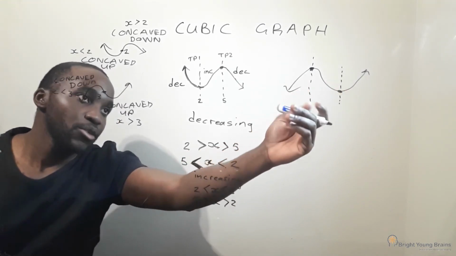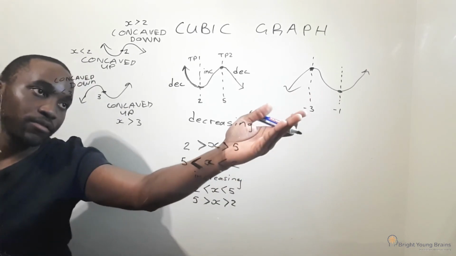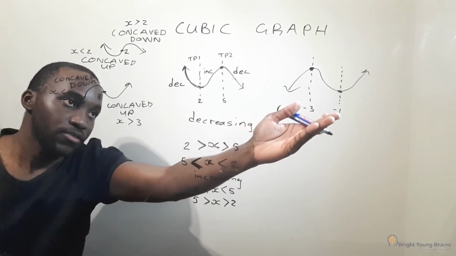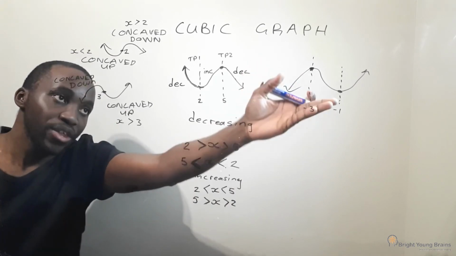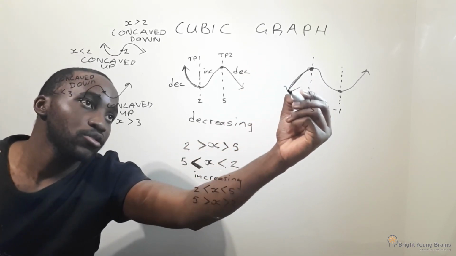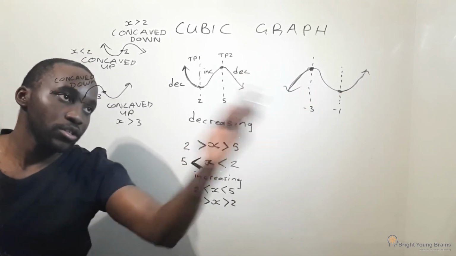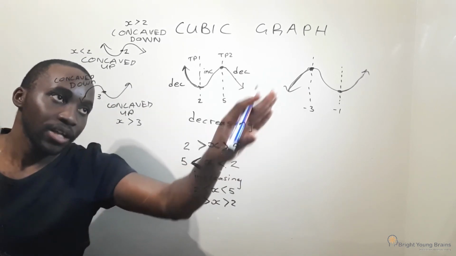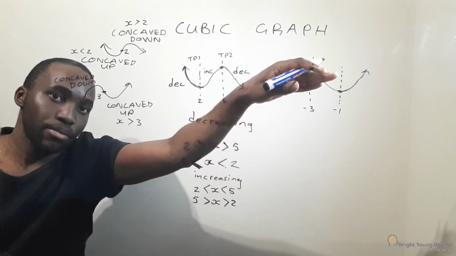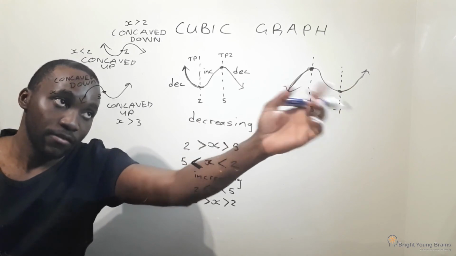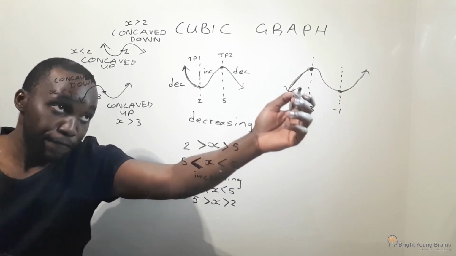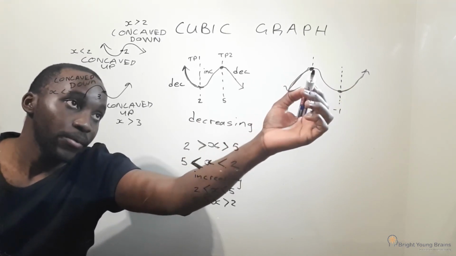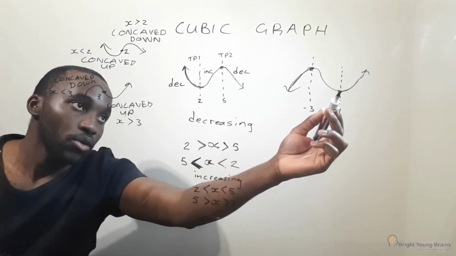In this picture, say we had here an x value of -3 and an x value of +1. Where the graph is increasing, this portion there and that portion there, because if you're coming from left going to right, that's the portion where your roller coaster is going up. So that's the portions where the graph is increasing. If your graph is decreasing, we know it's from this point here all the way to that point there.